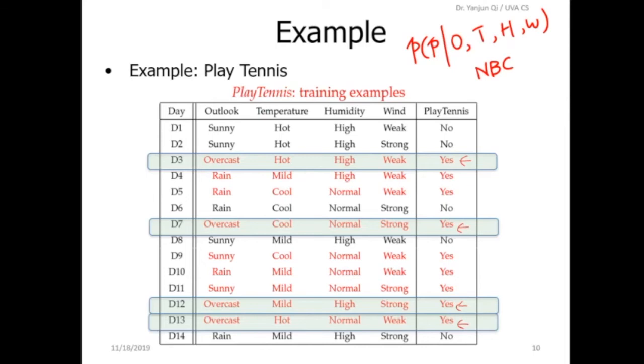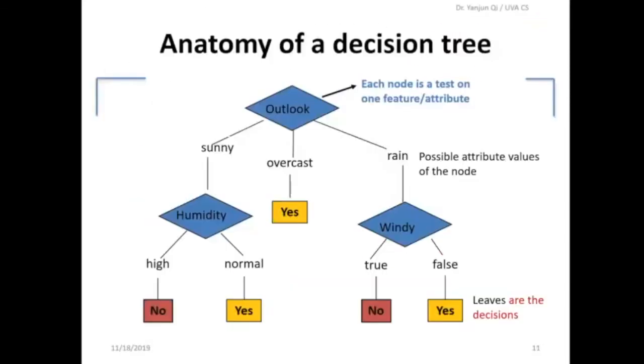So this means I got yes decisions, and that is represented as 4 positive and 0 negative from my data. This is how I know the distribution of that yes decision is supported by 4 positive training samples and 0 negative training samples.